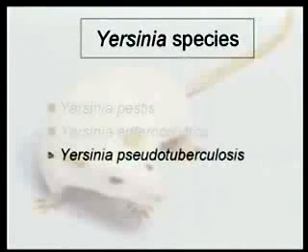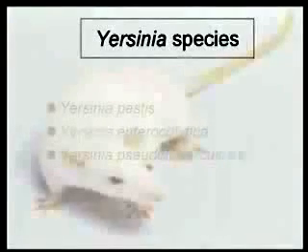Yersinia enterocolitica, I think Dr. Fox talked about that, survives at cold temperatures in Scandinavian countries like Norway and Sweden. And pseudotuberculosis is a related organism that causes minor health problems.